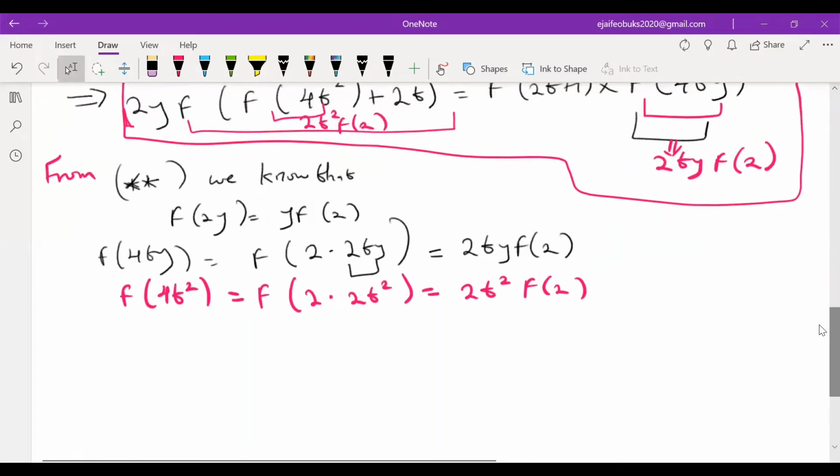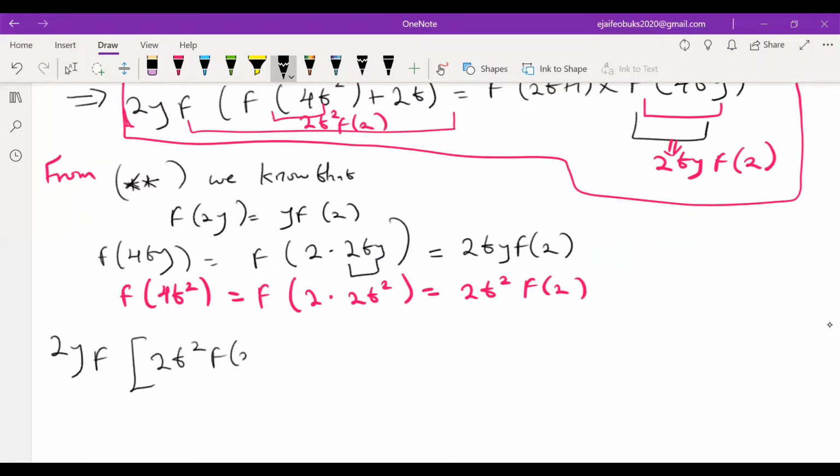I'm changing back to black now. I'm still leaving it up there so you can see. So this becomes 2y f of, instead of having f of 4t squared, this becomes 2t squared f of 2 plus 2t equals f of 2t plus 1 times 2ty f of 2.